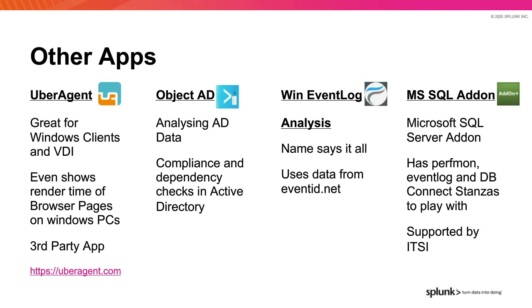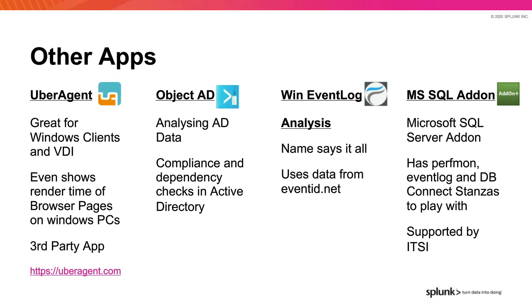Okay, so the Windows TA is a great starting point, but of course there is more. One of the things is, for example, the MS SQL add-on, for the Microsoft SQL Server. This has some great configuration in the inputs.conf, for example for Perfmon data that is important for SQL Server, as well as some configuration for DB Connect.